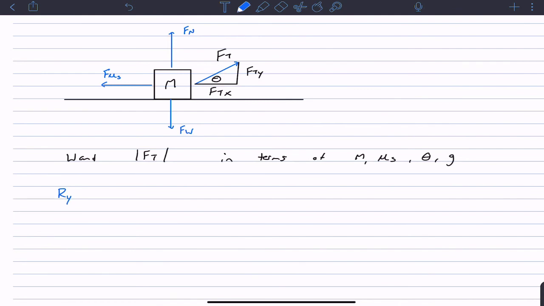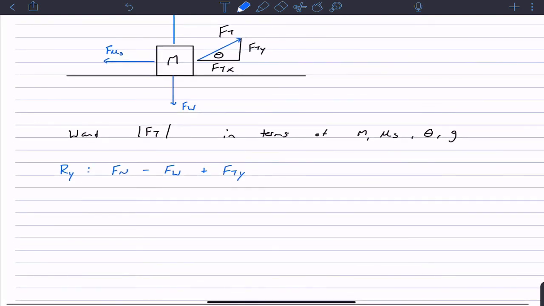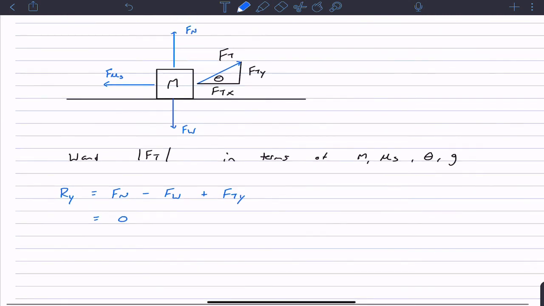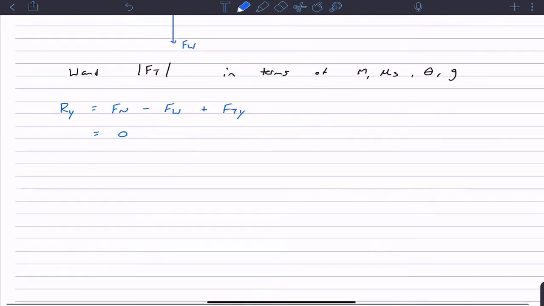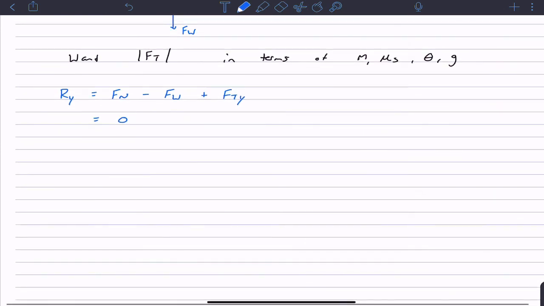So let's write this down. I'm going to say the resultant in the y direction is going to be normal force minus the weight force plus the tension force in the y direction. Also, since this thing is not jumping up and down or breaking through the ground, we can say that the sum of these forces is 0.